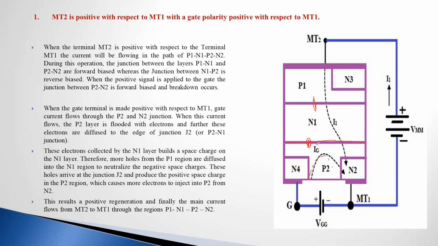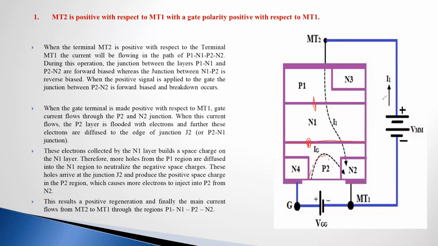The current starts to flow from MT2 to P1, N1, P2 and N2, and MT1, the negative terminal of the supply voltage. This is the path for flowing the current.